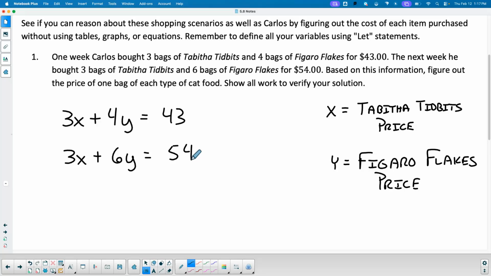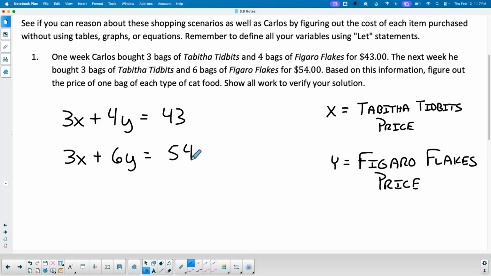I promise. I wanted to say one thing before we did that. Okay. Now we've got two different ways right now in our toolbox to solve this system. Right? We could graph it, or we could substitute it. If I wanted to substitute it, I'd have to solve one of the equations for one of the variables.